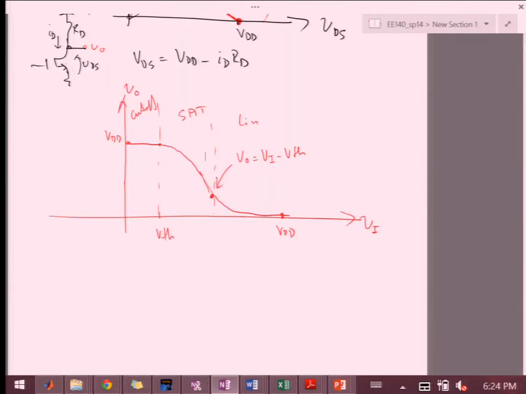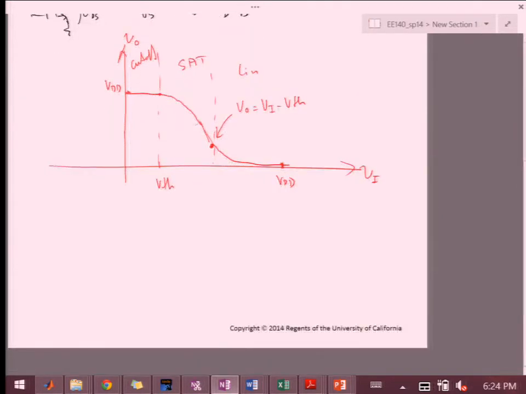Okay. And so if I'm looking to position myself somewhere here, I want to find the VI point. So this is going to be VI. This is my bias around which, if this is time, I want to apply my VI, which is the input signal.